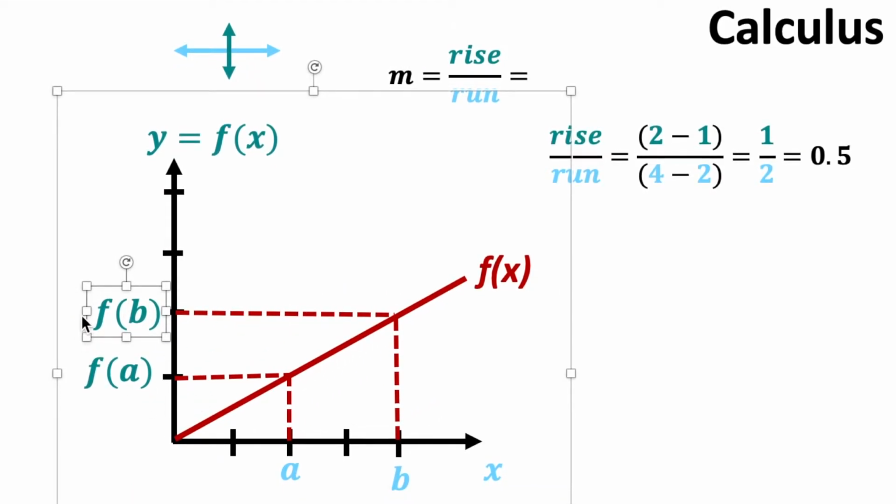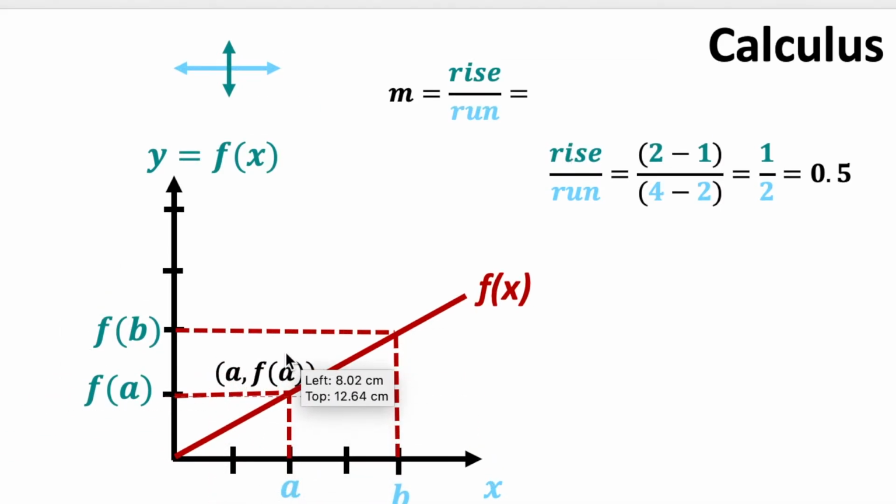So you see what I did here? I basically just renamed these points, but using terms that aren't specific. So a could be anything, b could be anything. But it's just to show that it's two different points for our graph.